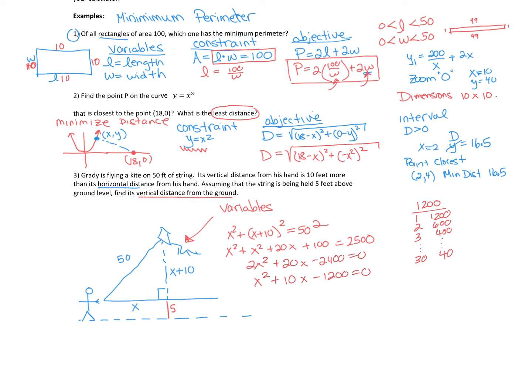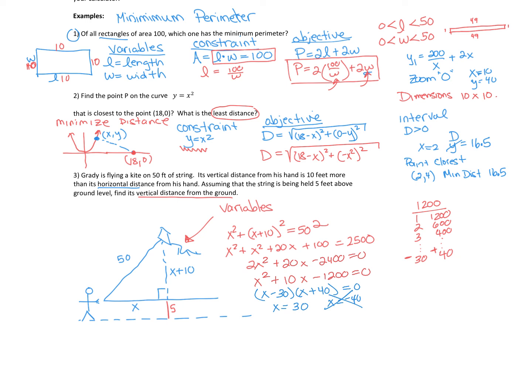And I know because I'm adding to positive 10, it has to be negative 30 and positive 40. So what I like to do here is just make it (x minus 30)(x plus 40) equals 0. And we could say x was 30 or negative 40. Now because we're talking about distance, x cannot be negative, so we have to toss that one.